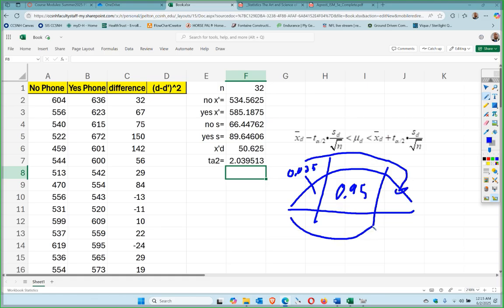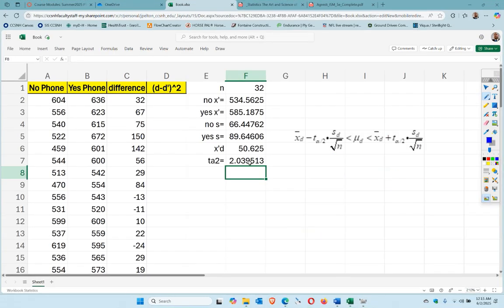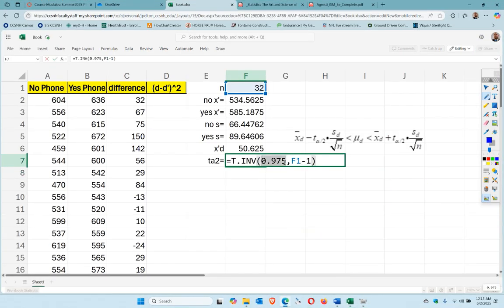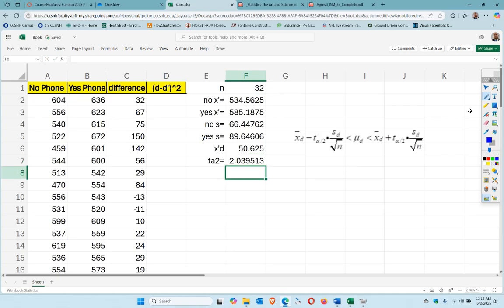So from here to here, to get our t-value, because that's the t-value we want, it's 0.025 plus 0.95, so 0.975, which is what I used there, correct? So my alpha for the confidence interval is 0.05, because it's 95% confidence, basically.